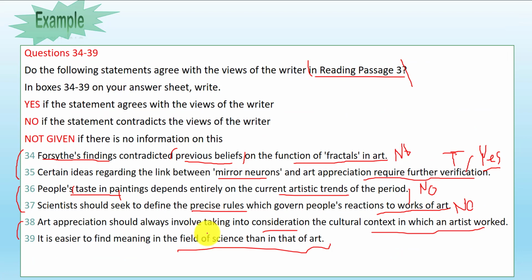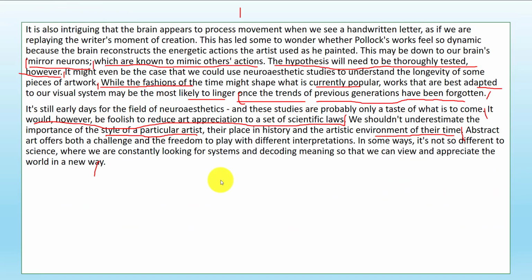Art appreciation should always involve taking into consideration the cultural context in which an artist worked. The answer is yes. And our last question, 39, it's easier to find meaning in the field of science than in that of art. Now let's go to our last question. Abstract art offers both a challenge and the freedom to play with different interpretations.